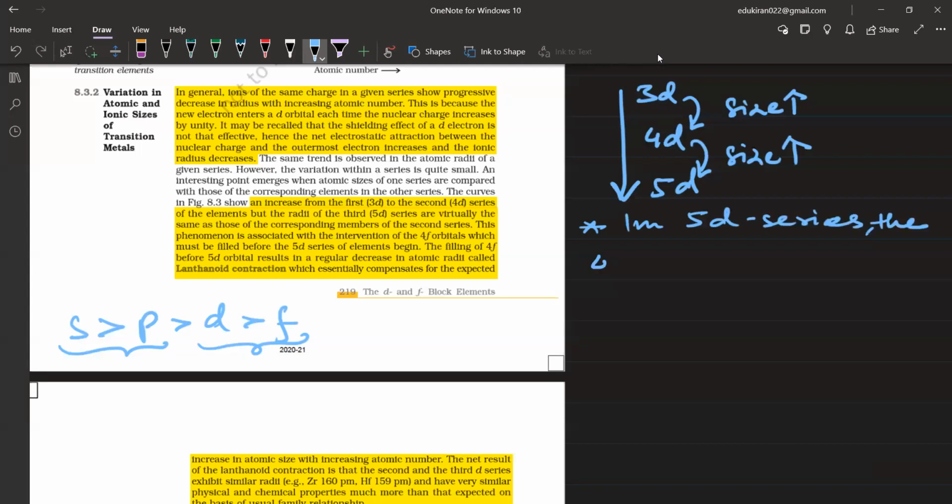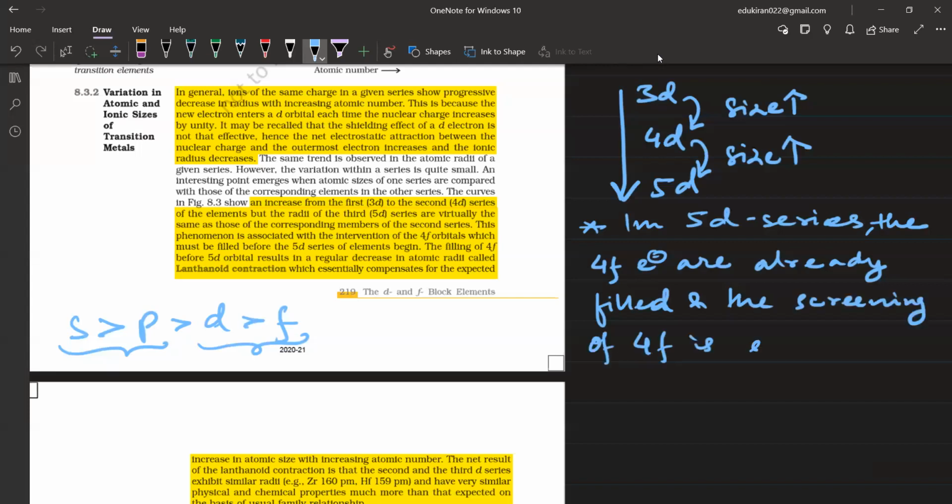And the screening of 4f is poor. This leads to less increase in size of 5D elements, 5D series elements. ठीक है, तो जितना इंक्रीज होना चाहिए था उतना इंक्रीज होता नहीं.